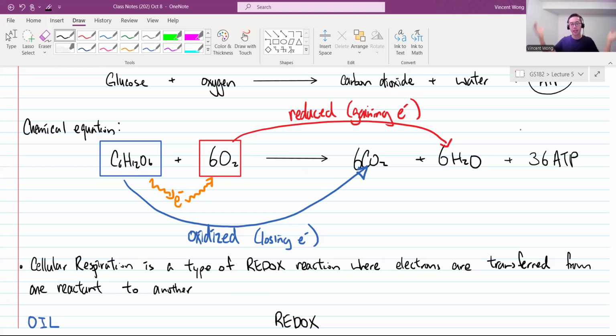That creates a big explosion, but it's not really productive work. You can't get the car very far with a single explosion. And that's kind of what happens here. If we burn the glucose in one go, in one big explosion, we're not going to be able to harness the energy from glucose in a meaningful way. You release the same amount of energy pretty much, but you do it at one instance. It's probably going to overheat the cell and kill it.